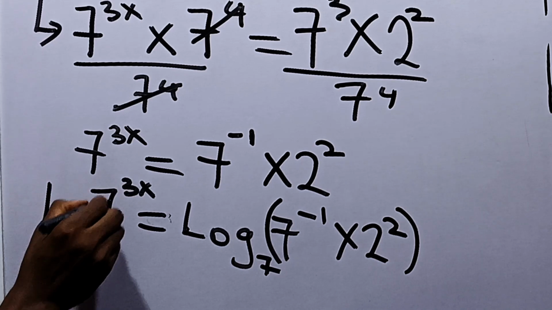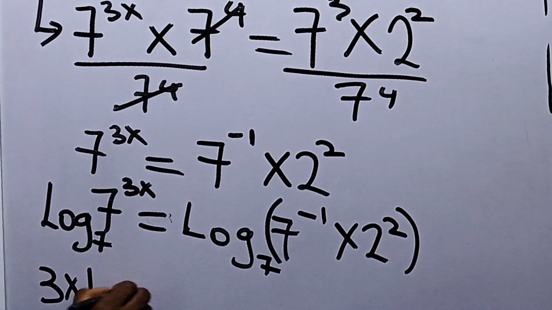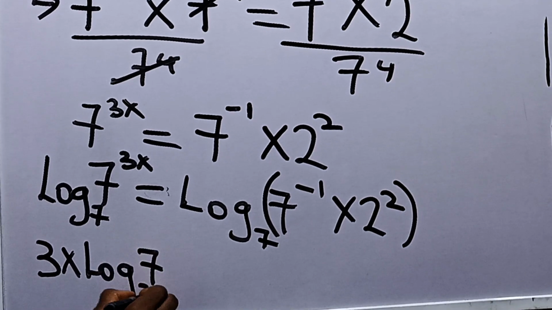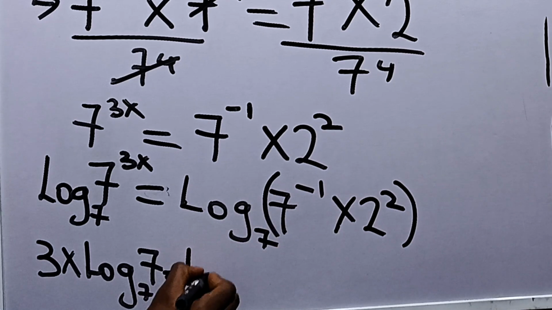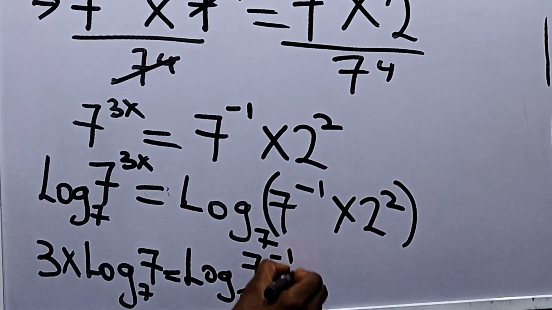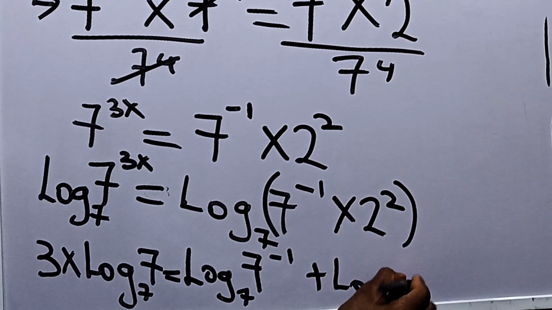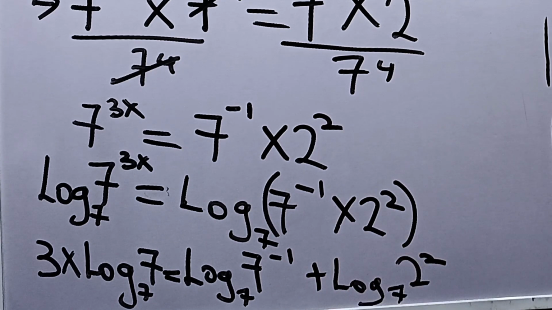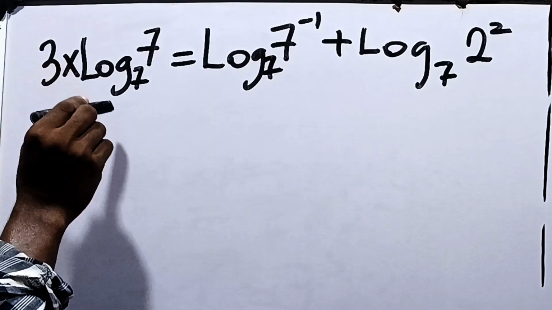Now, taking the logarithm in base 7, the log of 7 raised to the power 3x changes into 3x multiplied by log of 7 in base 7, equal to, now on this side you split it up and put plus. So we have logarithm in base 7 of 7 raised to the power negative 1 plus logarithm in base 7 of 2 squared. Now moving on from here, the logarithm of a number to its own base is 1.